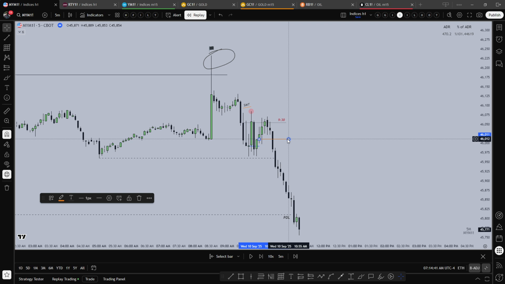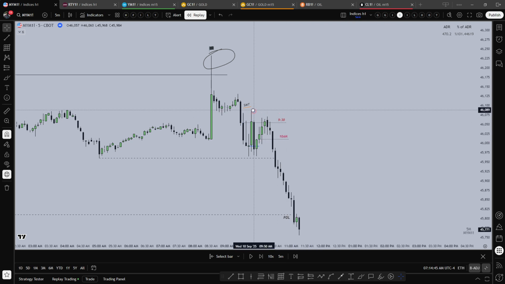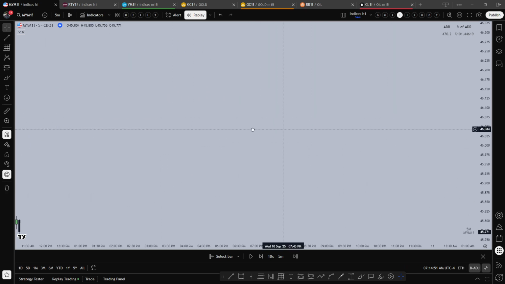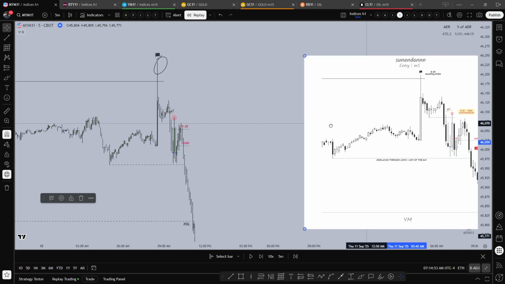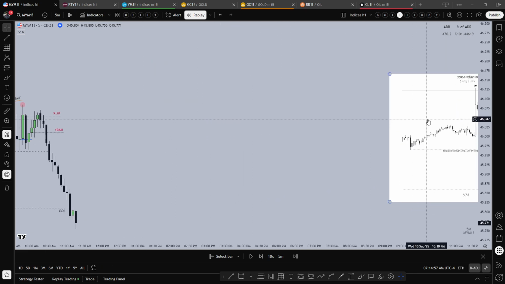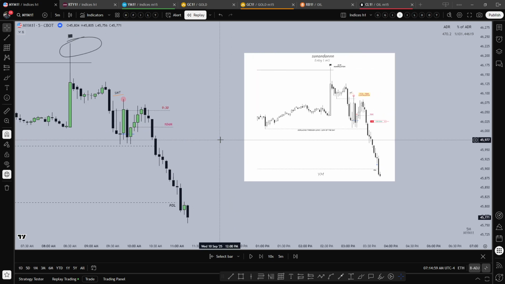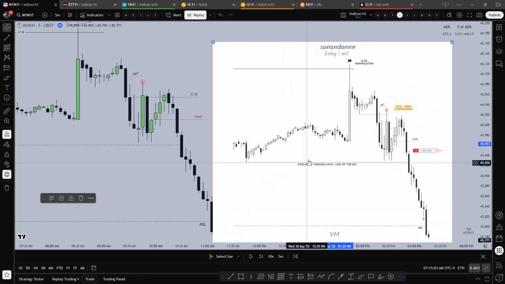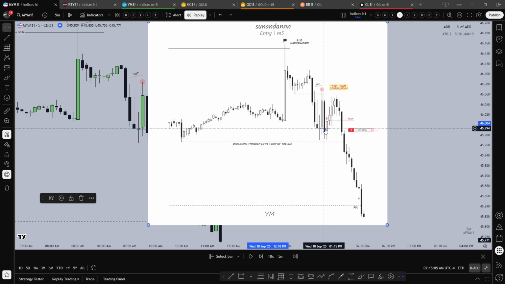Yes, it does come a bit back, but my stop was placed here, so I was good all the way, still holding the position, and eventually it got hit, and this was the position. Same entry. This executed after this close here till previous day low.